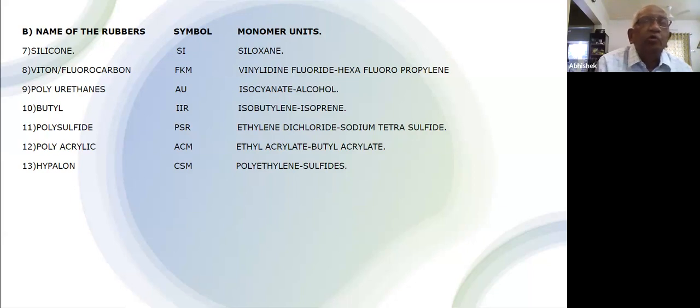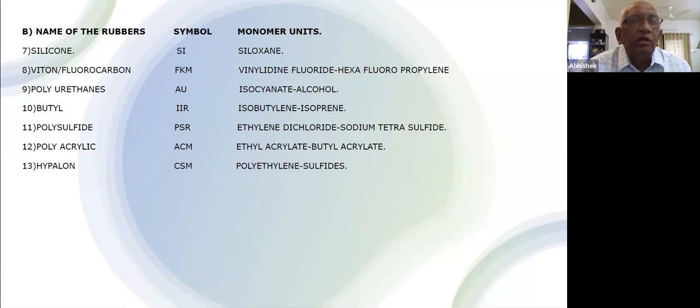Next is polyurethane, which is designated as AU. Here isocyanate and alcohol are the monomers. Then comes butyl rubber. Butyl rubber is designated as IIR, and the monomers are isobutylene and isoprene. Then the polysulfide, which is designated as PSR. Here ethylene dichloride and sodium tetrasulfide react to form a rubber called polysulfide.